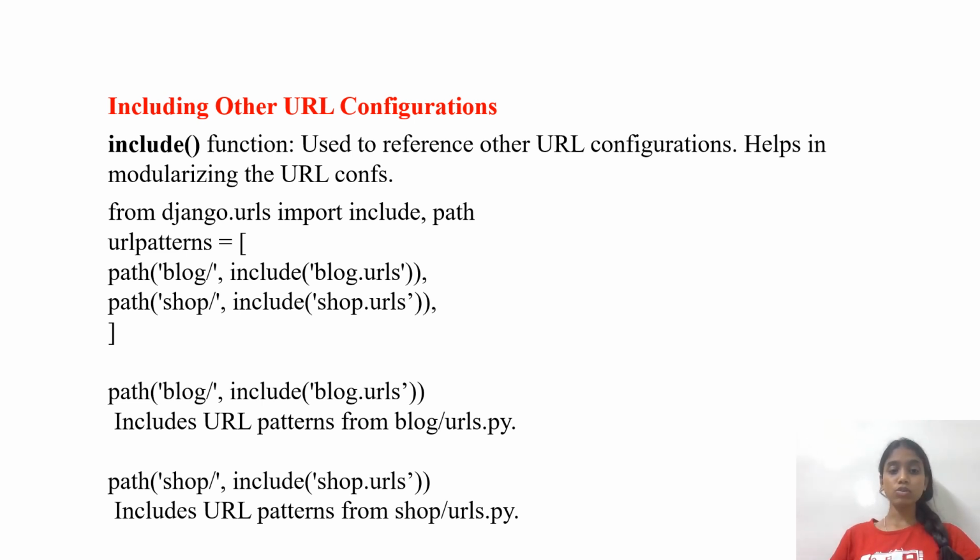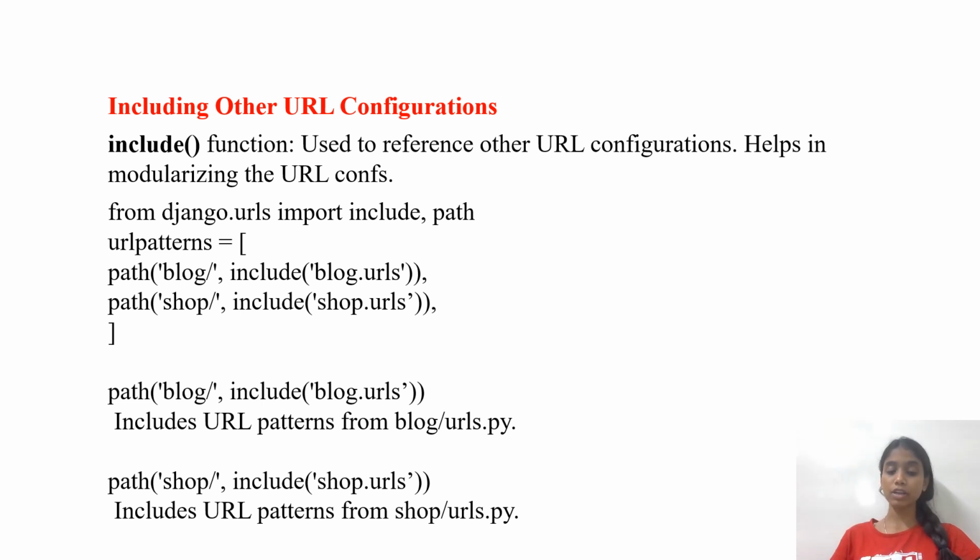So from the Django urls module, we are importing the include and path functions, and urlpatterns. As I already said, blog and shop are the URLs from both the apps called blog and shop apps. So we are including those apps' URLs into the project's URL pattern. Here include blog.urls includes the URL patterns from the blog.